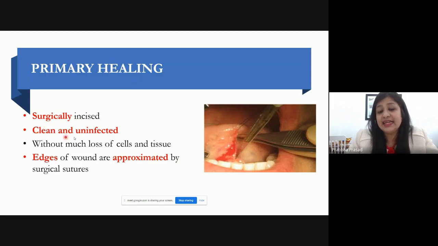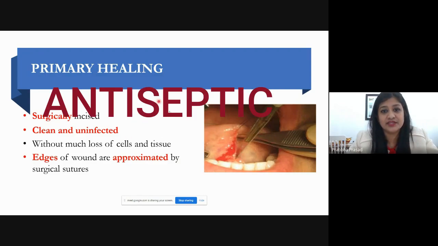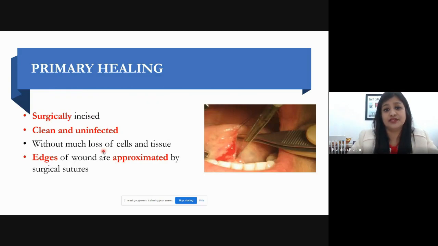It is clean and uninfected because whenever we do any surgery, we take all the precautions so that there is no secondary infection, and the wound area is very septic when we are operating, isn't it? The loss of cells and tissue is not too much. And after we finish, usually the wound edges are approximated using sutures. All these features are very typical of primary healing.